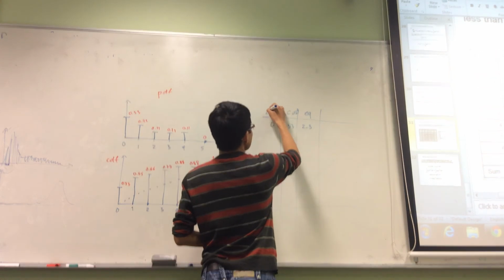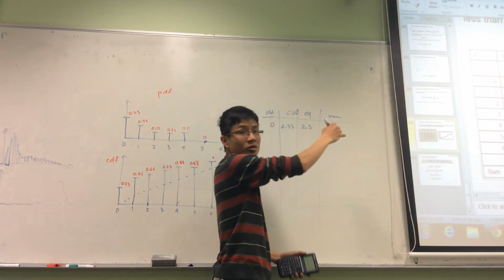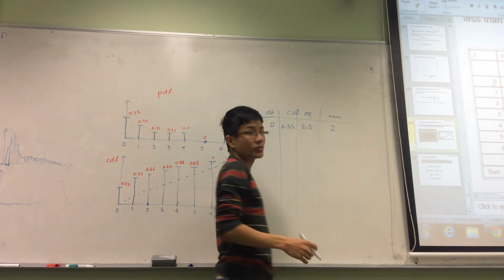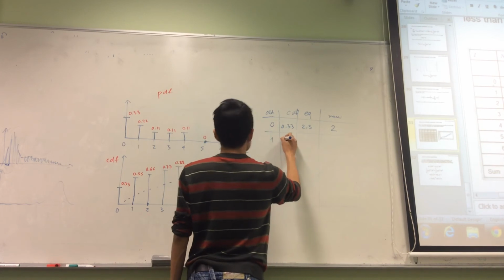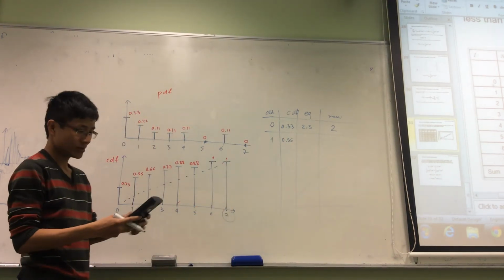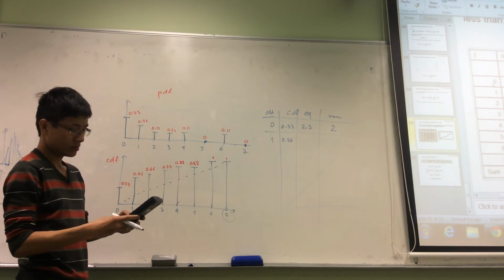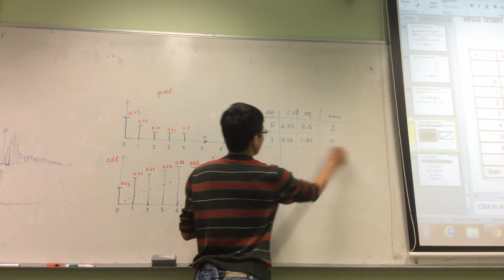So this is the old pixel, so the new value of the pixel will be 2.3, so 2, this is rounded. So you do the same thing with 1. It's 0.55. Take 0.55 multiplied by 7, 3.85, which is 4.